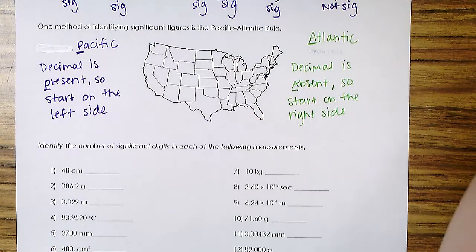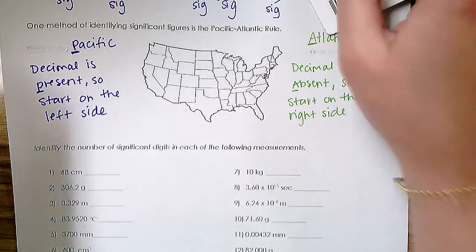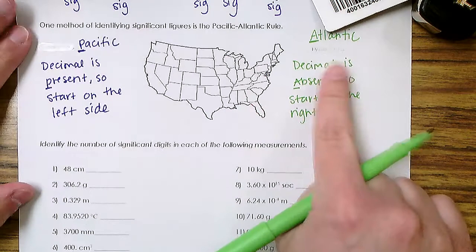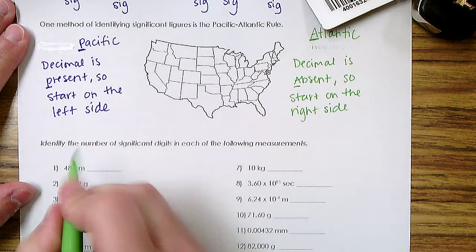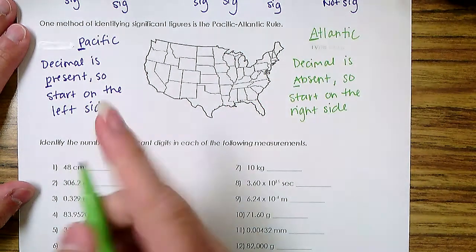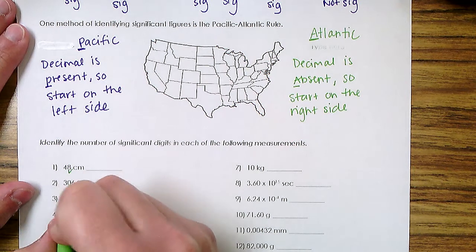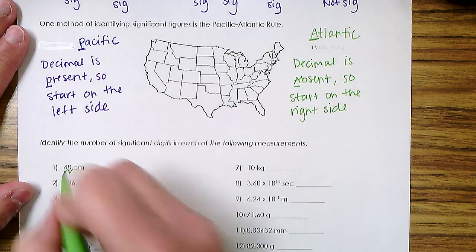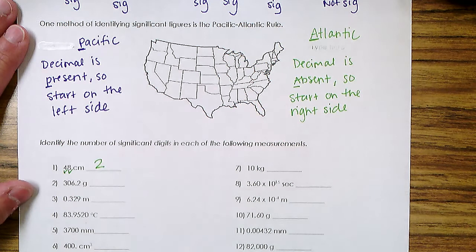So our first one, number 1, there's no decimal place. So we know that we're going to be looking with our Atlantic because the decimal is absent. So I'm going to start on the right side until I come to my first non-zero number. So 8 is a non-zero number, so it's significant. Once I say yes, everything else in that direction is significant. So both of those are significant, and we have 2 significant figures.